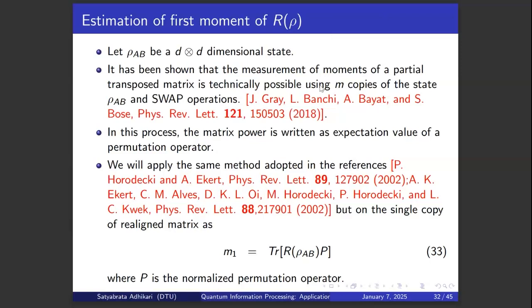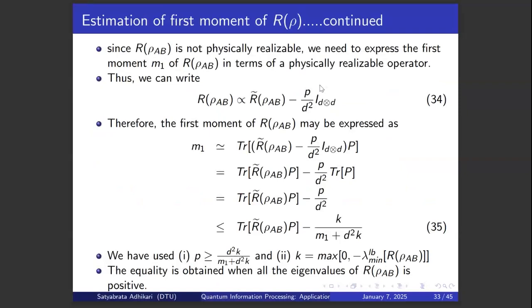So this means that you cannot achieve this value in an experiment. So what we have done is write this R rho AB in terms of R tilde rho AB. We have shown that R tilde rho AB is positive and completely positive. So that means R tilde rho AB can be achieved in an experiment.